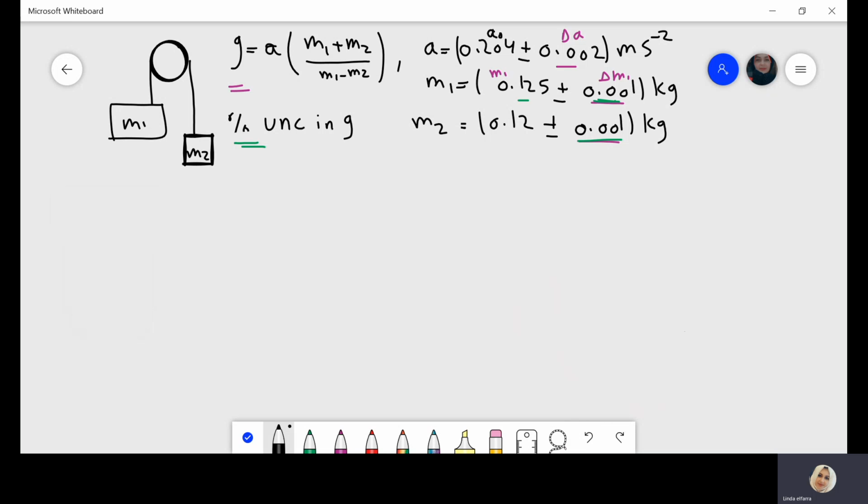So we have delta G over G, the fractional uncertainty, which will equal 0.418.